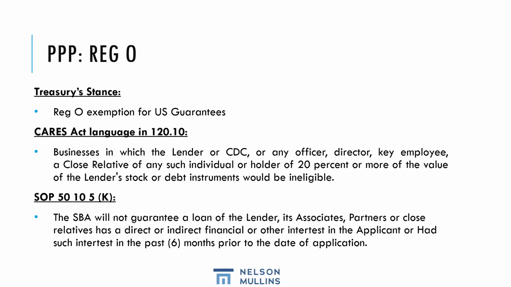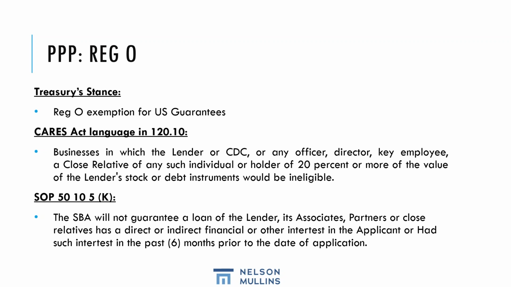What we're having concerns about within Nelson Mullins is that if you look at the CARES Act language in 1102, businesses in which a lender or CDC or any officer, director, key employee, or close relative or holder of 20% or more of lender stock would be ineligible. So that is basically a Reg O control there in the CARES Act, even if Reg O is inapplicable.